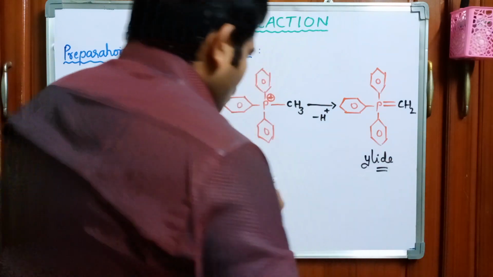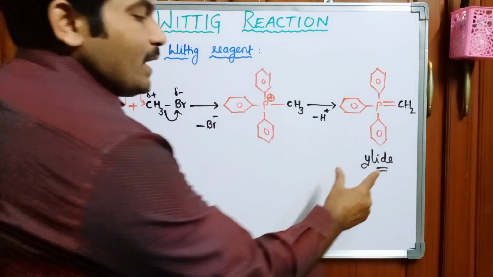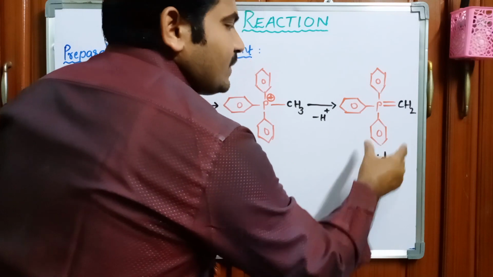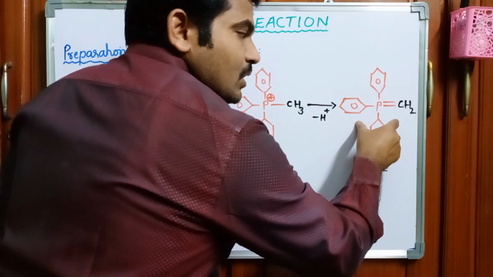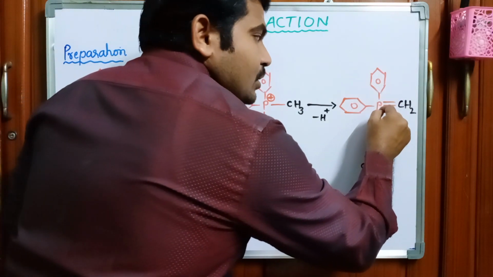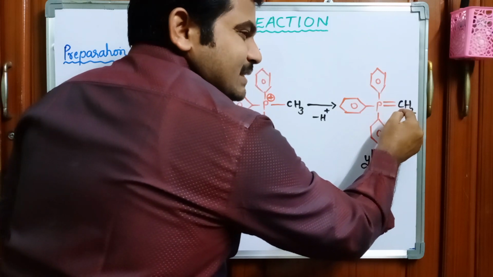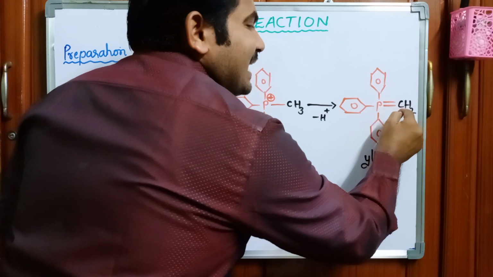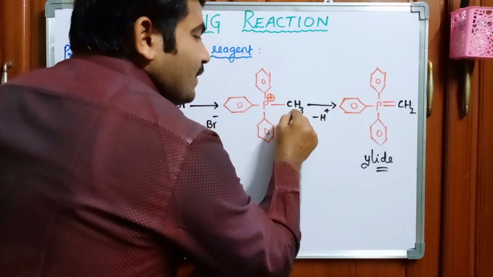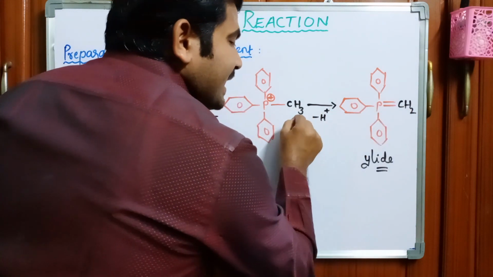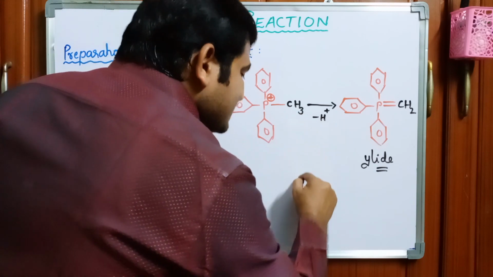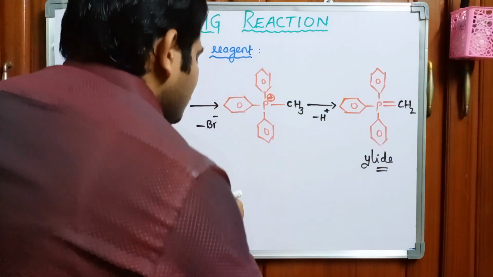This is called ylide. What are these ylides? Ylides are species containing two different formal charges at adjacent atoms. Whenever it removes an H plus ion, it produces an intermediate.